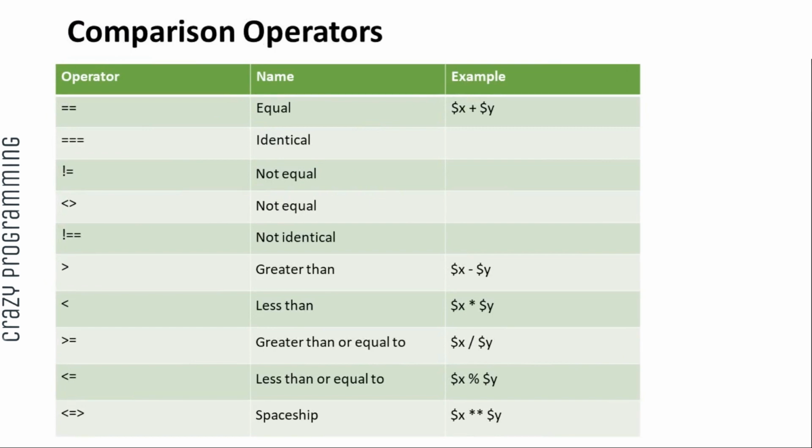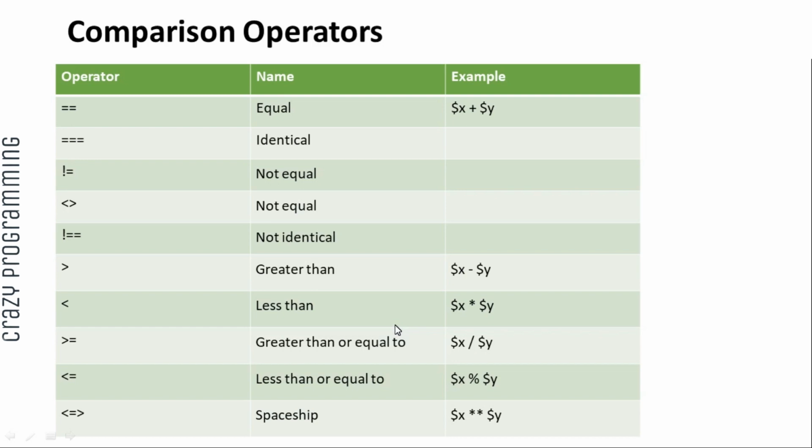You can check that double equals means equal, and the example says x equals y. Okay, the examples are not clear here, so let's forget it and let's check the operator and name.